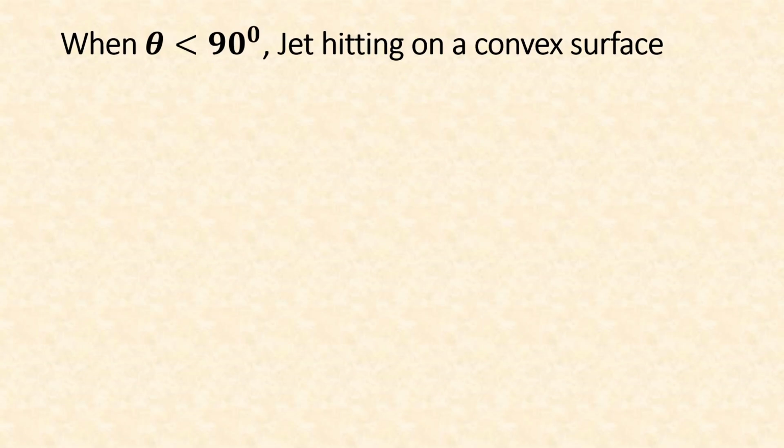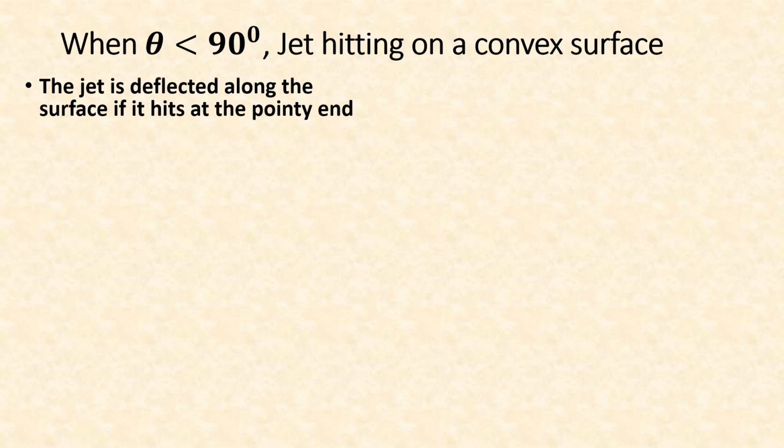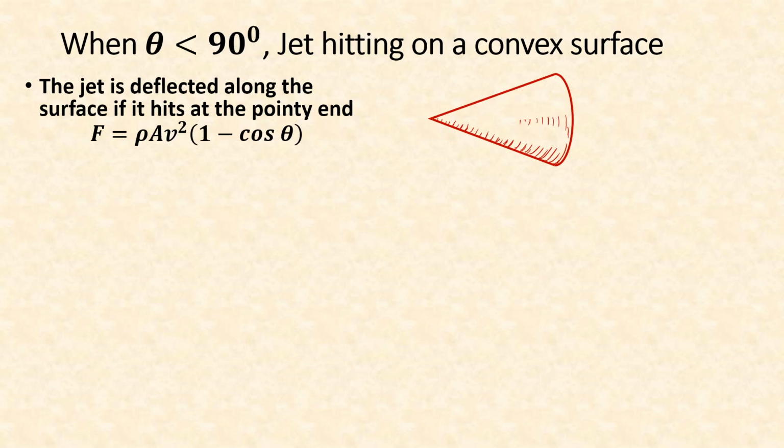So when theta is less than 90 degrees, there can be two different cases. One is if the plate is having a pointed end, a pointy end.